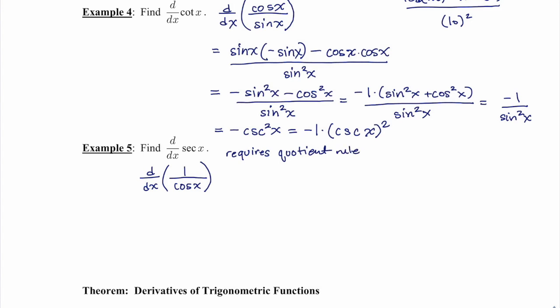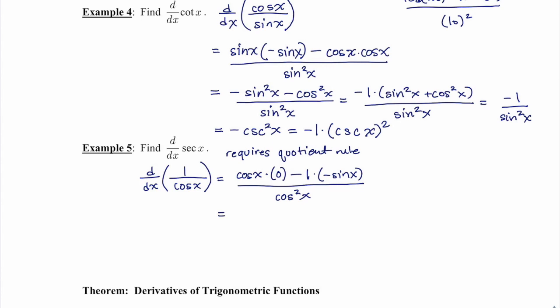So the derivative for cosine will do low d high minus high d low again. So low is cosine. D high would be 0 minus high. D low is negative sine of x. And that is divided by low squared. So cosine of x squared.